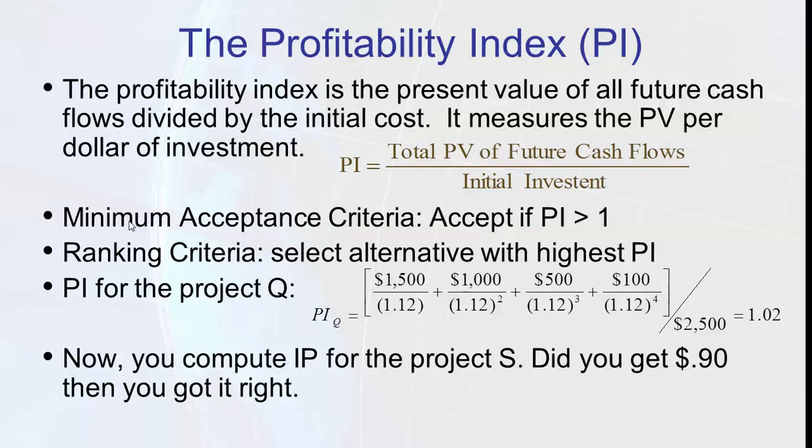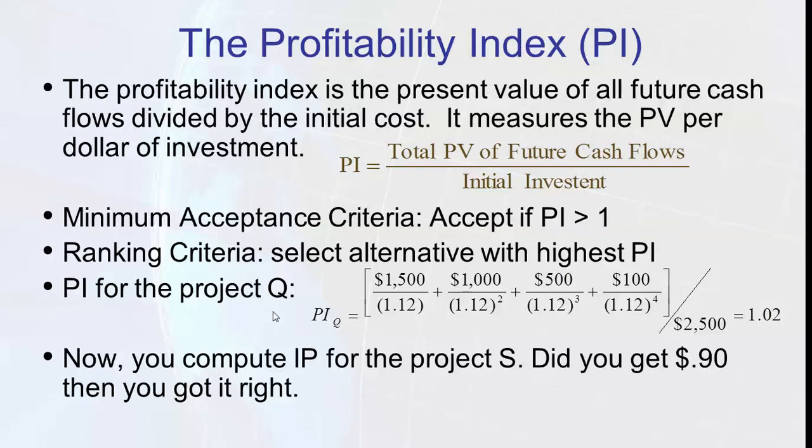The minimum acceptance criterion is that PI should be greater than 1, because 1 is the cost and it has to be more than 1. For ranking, select the one with the highest PI. If you have mutually exclusive projects, choose the one with the highest profitability index. First, it has to meet this criterion.